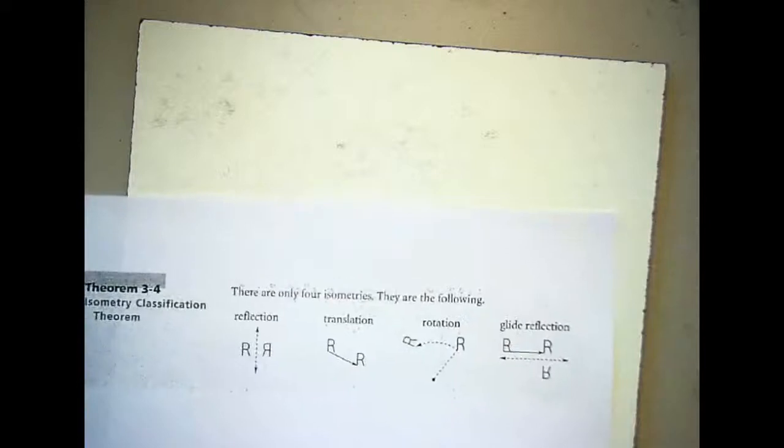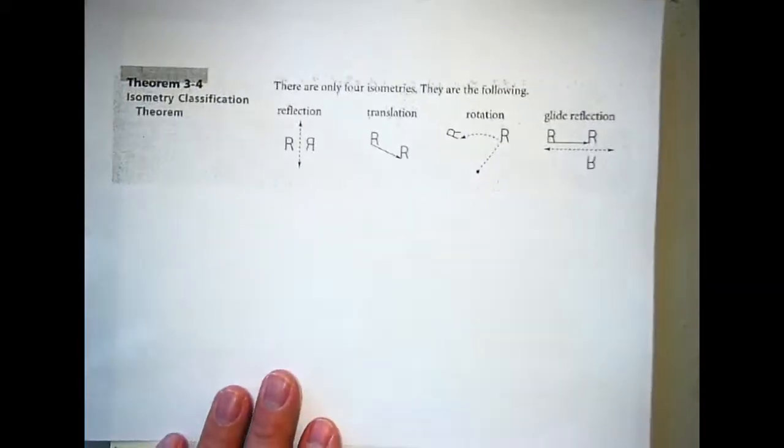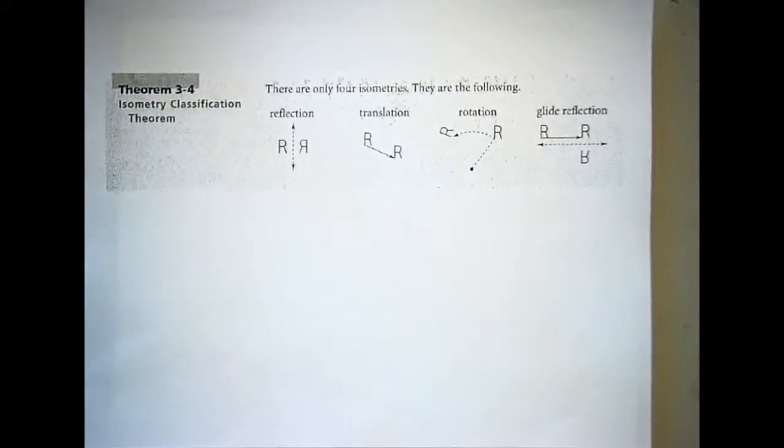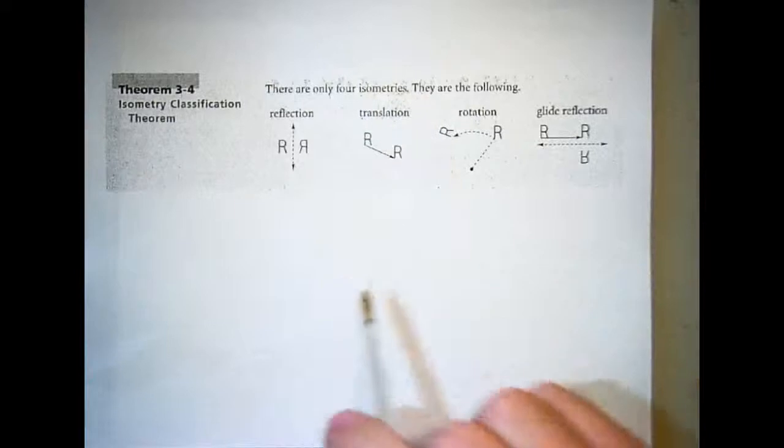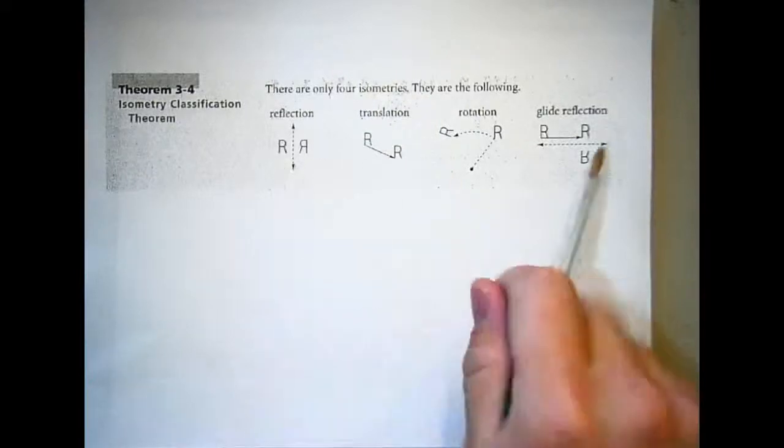All right, very good. Tell your neighbors the 4 isometries we've studied so far this chapter. Okay, isometry means it doesn't change size or shape. These are the 4 we've studied.